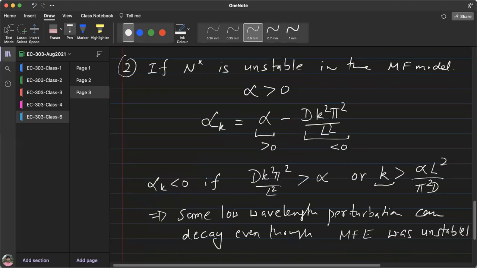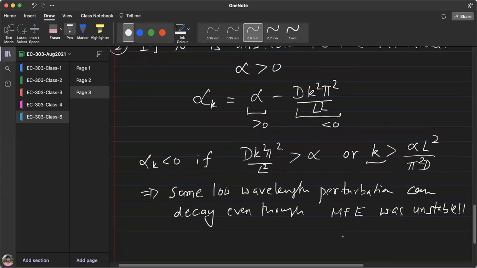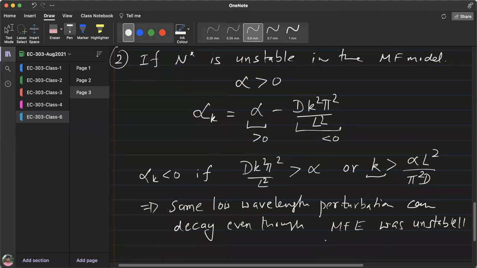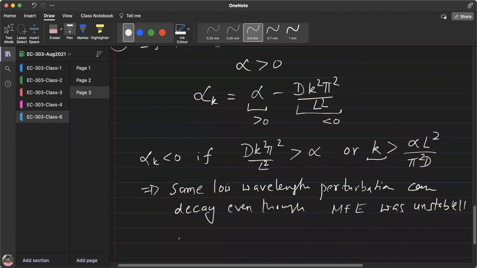Why does this happen? Primarily because of diffusion. So diffusion can make an unstable equilibrium stable, but only to some types of perturbation, only when they are low wavelength perturbations.